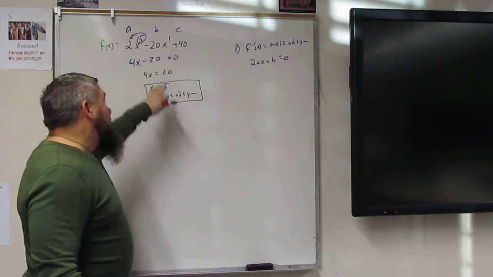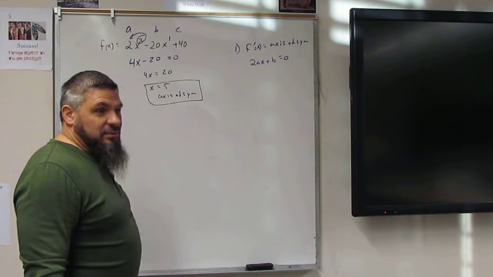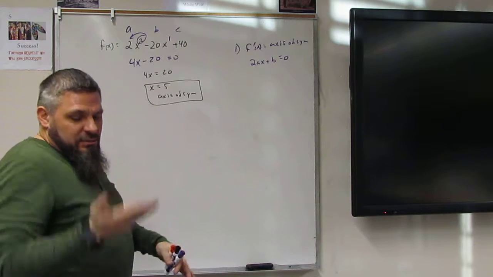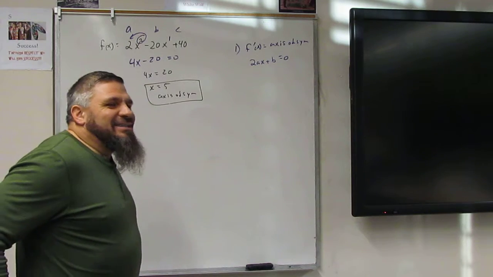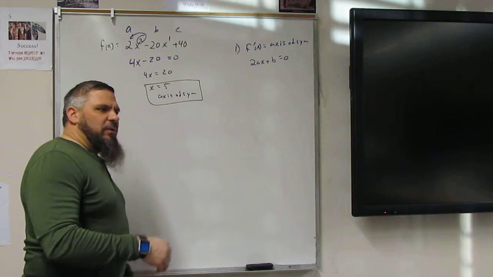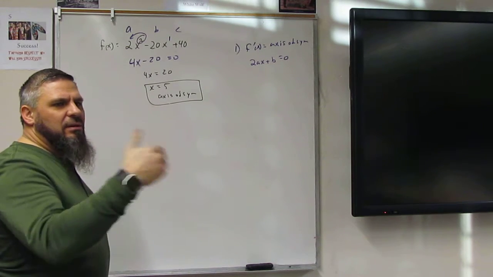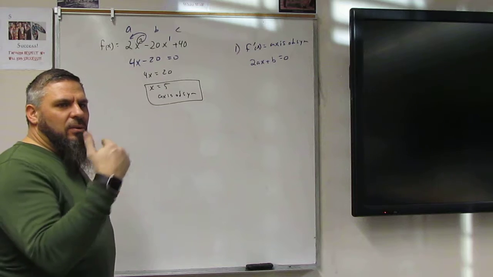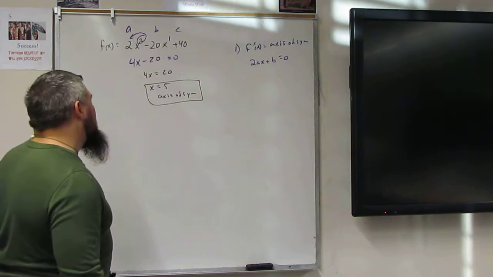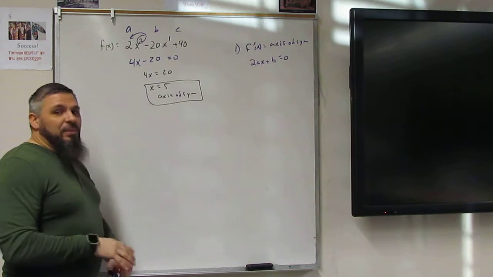A linear is going to turn into a constant. Okay? Derivatives, you're always going down to the next parent function. Does that make sense? So a quartic would go to a cubic. Does that make sense?